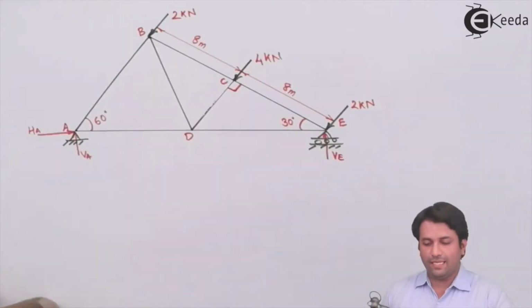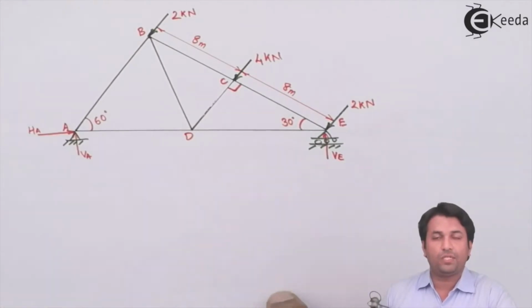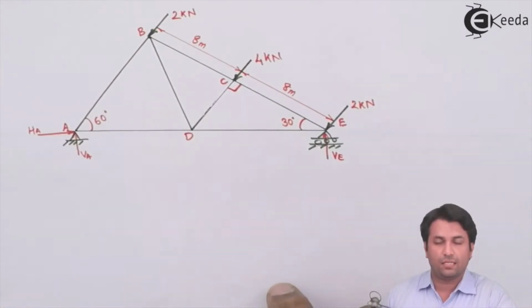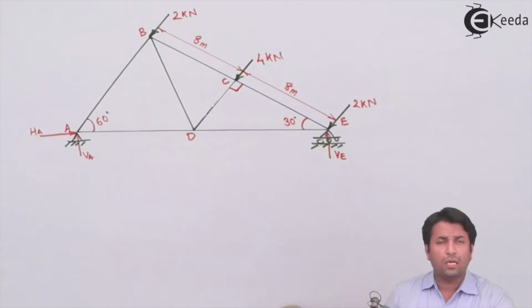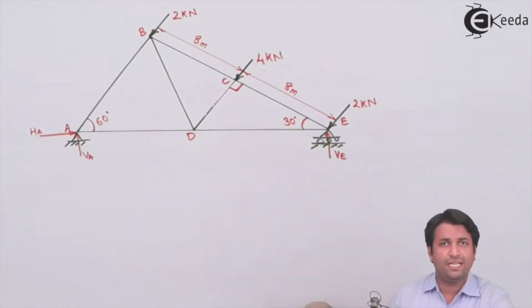Okay, students, now we can see that this is the next example wherein we are going to see how to use special cases. Now, in this truss, the first thing that we have to do is find the stability criteria.